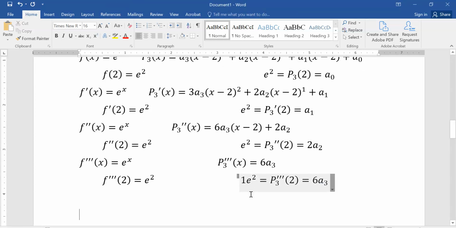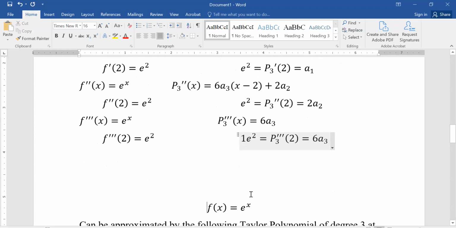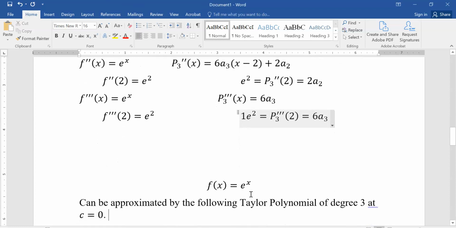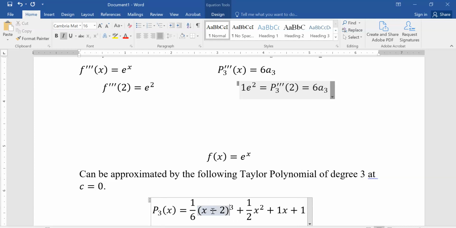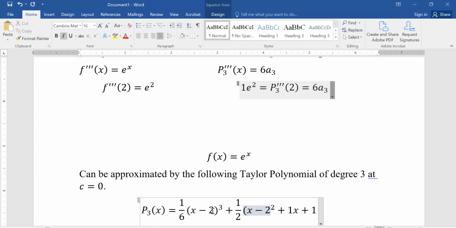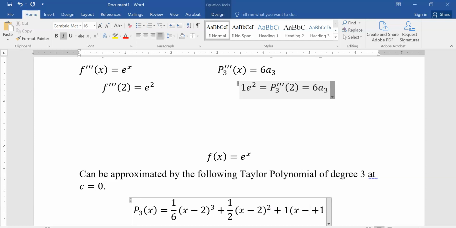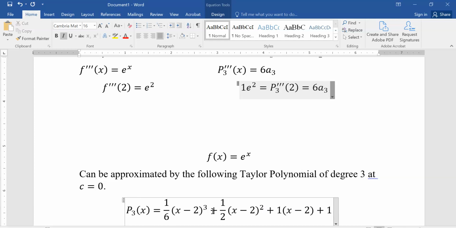Now, what that means about this polynomial of degree 3, well, the Taylor polynomial is going to be this polynomial. x minus 2 is going to get raised to the third power, x minus 2 to the second power, x minus 2 to the first power, and so on and so forth.